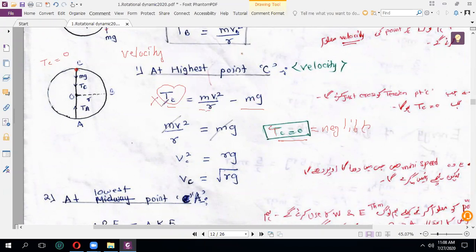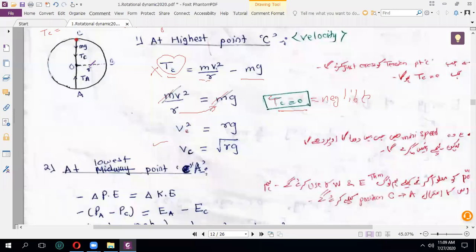Take this mg from the left hand side, so it becomes plus mg. mv square upon r is equal to mg. Now m and m are cancelled. So v square, take this r to the right hand side. So vC square is equal to rg. Take the square root on the right hand side. What we are getting, vC is equal to square root of rg. So this is my velocity of point C. With the help of this equation, we can easily calculate the velocity of the highest point.